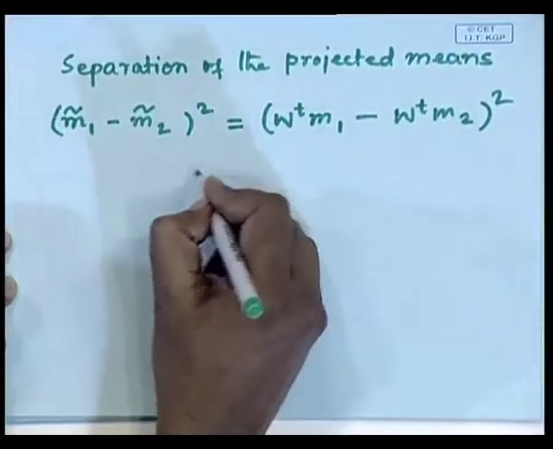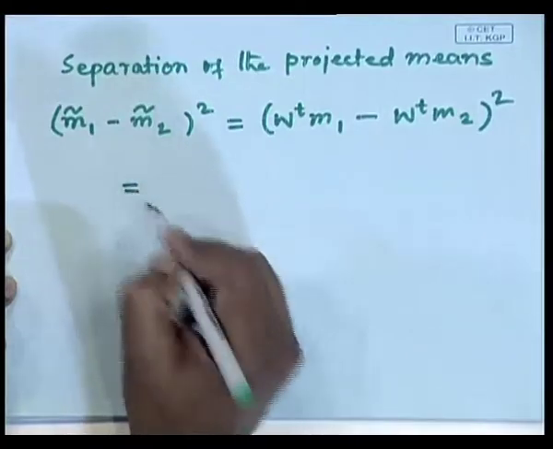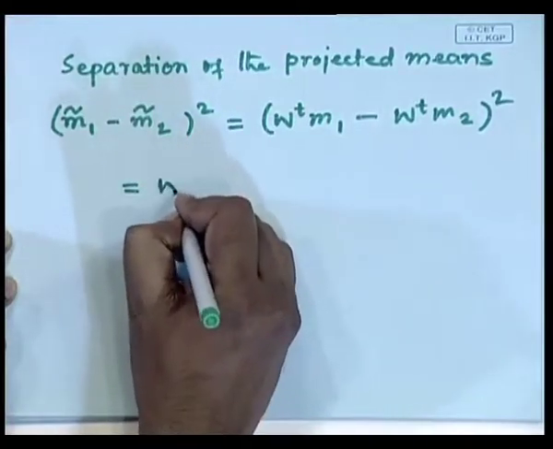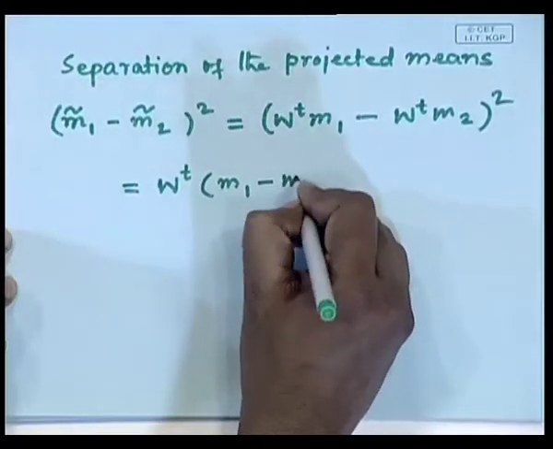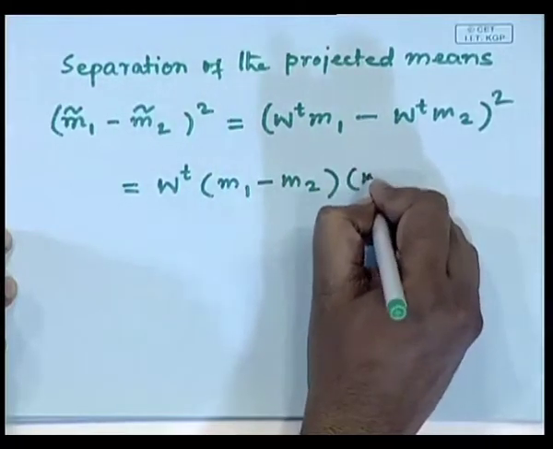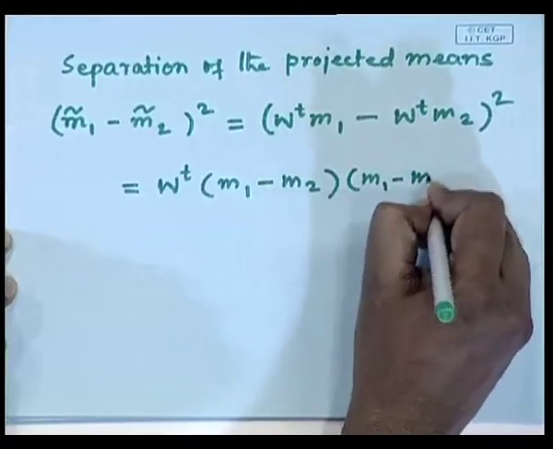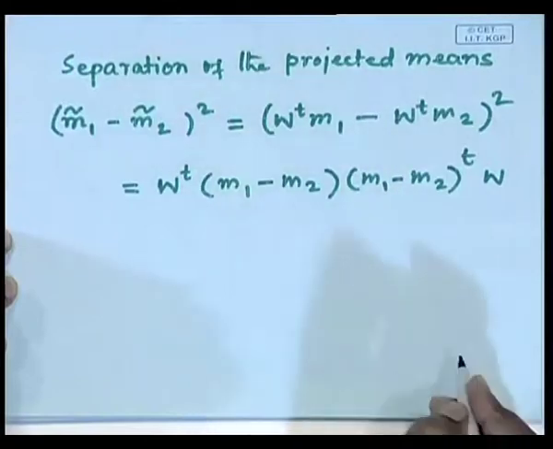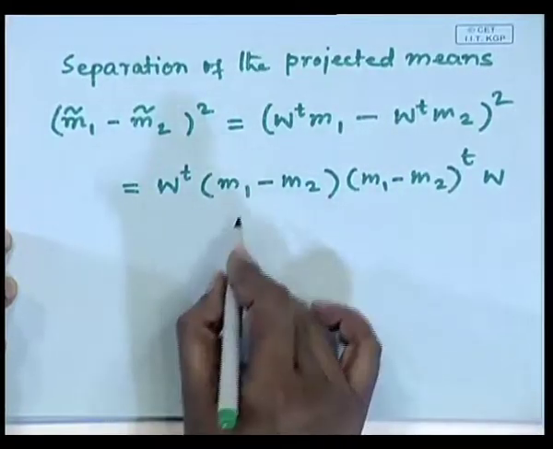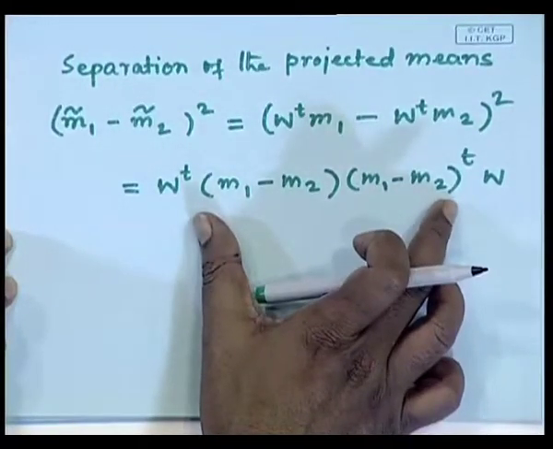I can reorganize this expression as W transpose (m 1 minus m 2)(m 1 minus m 2) transpose W. Okay. And you find that this is something like between class scatter.